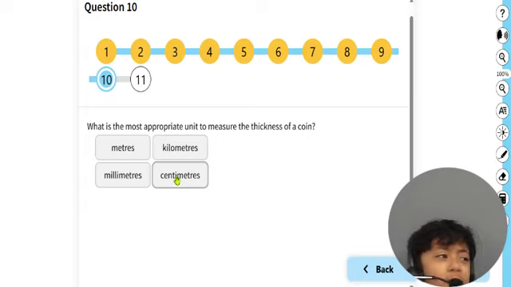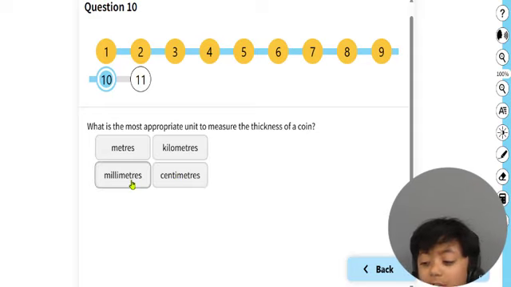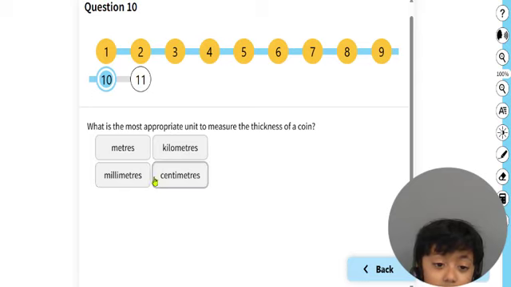But our coin is way smaller than a phone or a laptop or any of that. So the answer is millimeters. We use millimeters for measuring a small ant or the thickness of a coin, like here. Millimeters is the smallest unit out of all of these options.